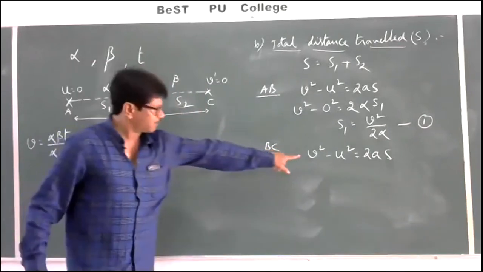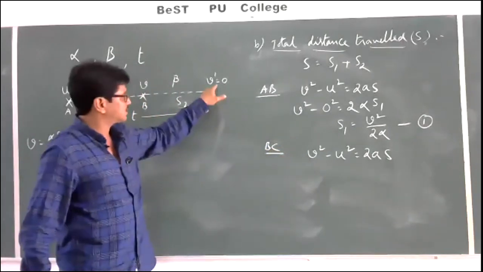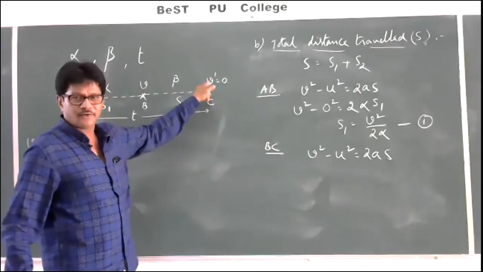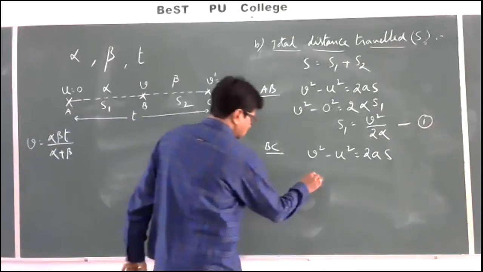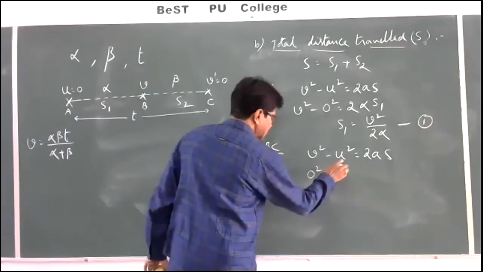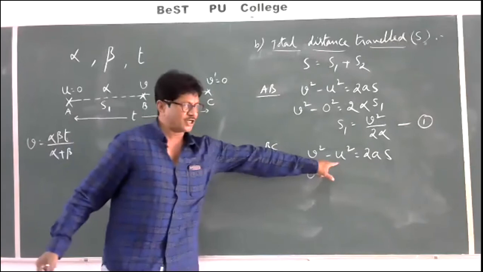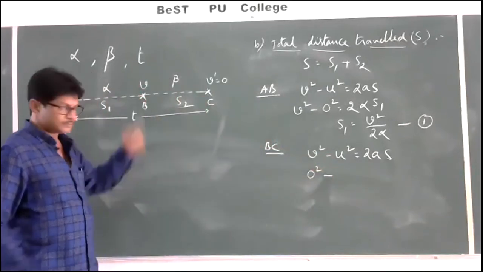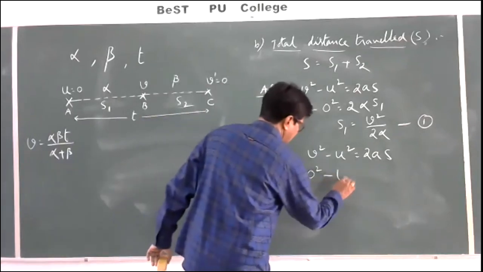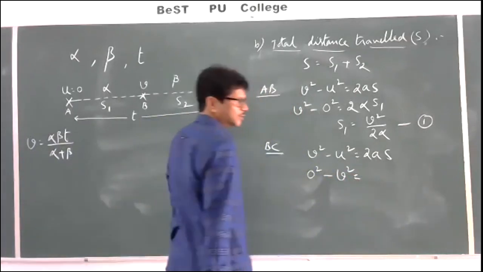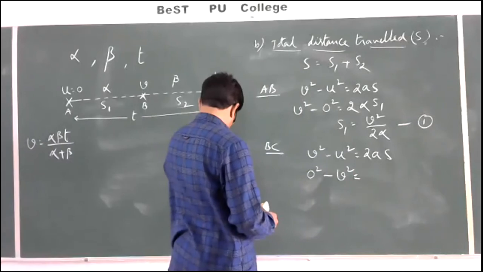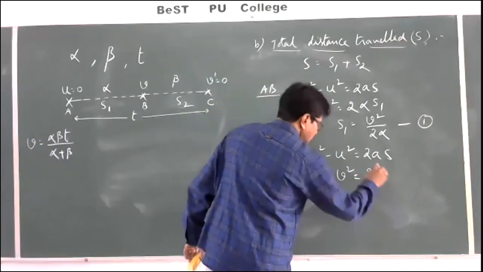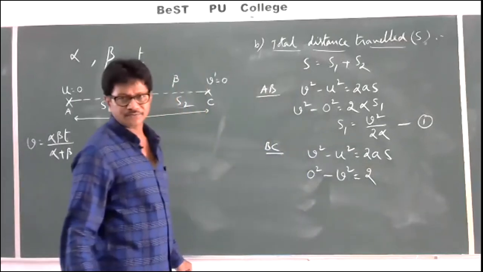Here, as far as BC is concerned, the final velocity is 0. 0 square minus U, the initial velocity, which here is V, so instead of U, I will take V square, is equal to 2 into A, which is acceleration.